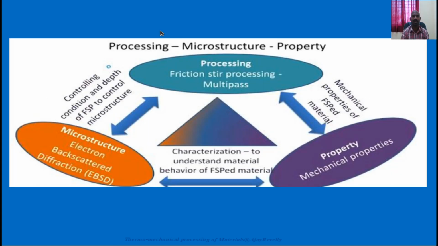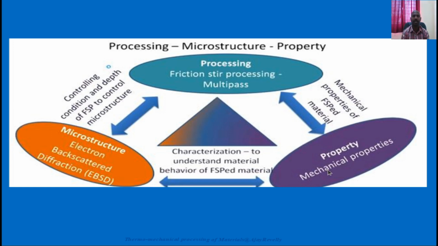And let us know the tetrahedron or triangle principle of friction stir processing. It is connected with 3 points mainly. Processing. What do you mean by processing? Friction stir processing. Microstructure. What is the microstructure achieved? How do you characterize it? Using electron backscatter diffraction. And what properties could be enhanced by doing friction stir processing?